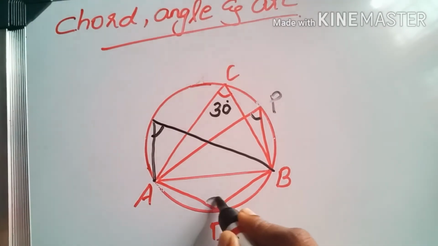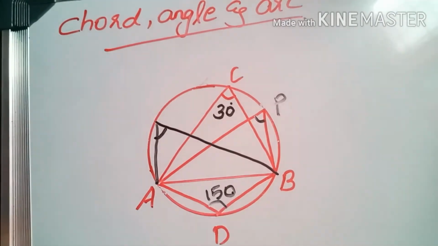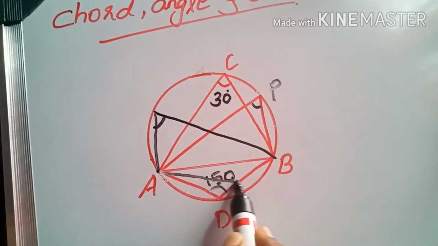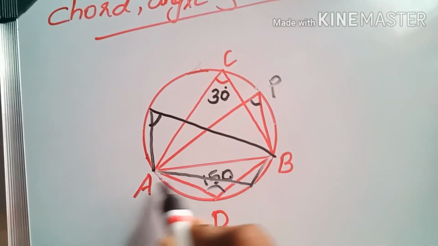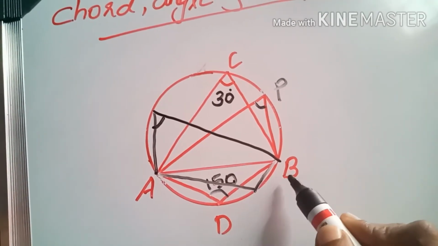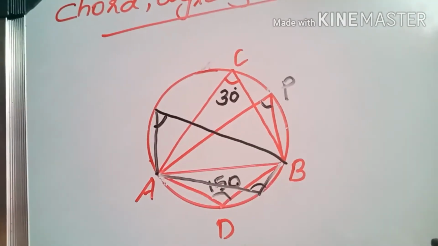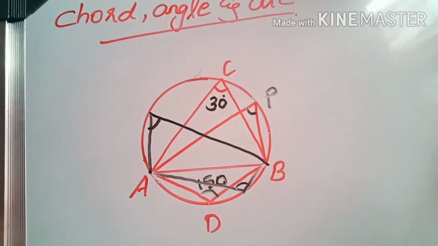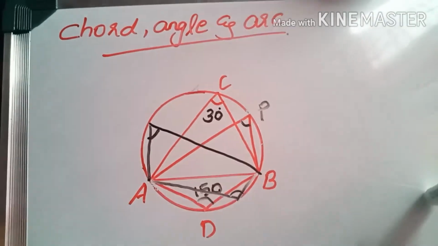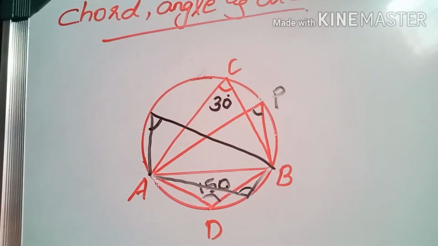If this is 150 degree, all the remaining angles from the endpoints A and B will also be 150 degree. This is the first concept you have to learn in this section: all the angles in the same arc will be equal.